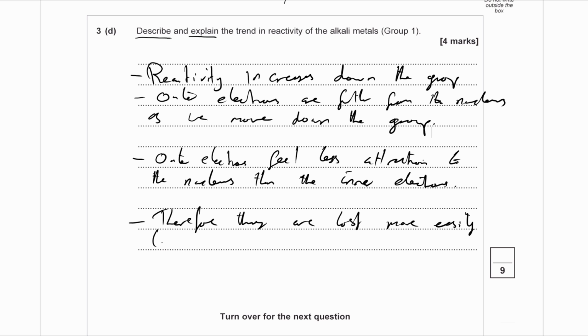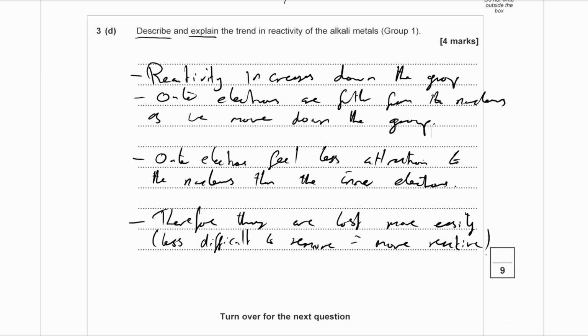I'll put in brackets, less difficult to remove, which equals more reactive. Alright, and that would be perfectly fine for 4 marks.